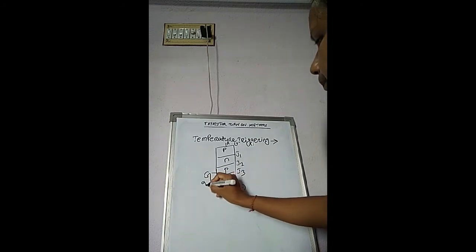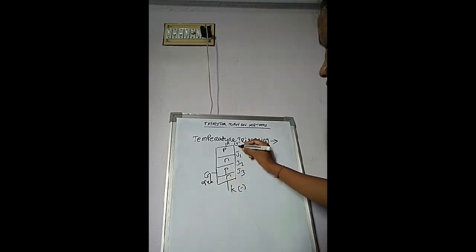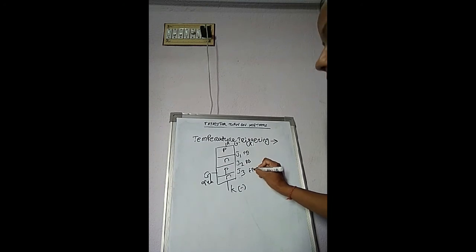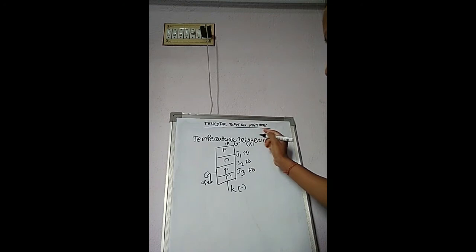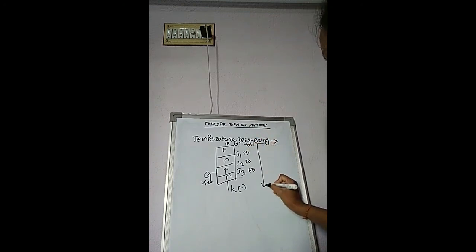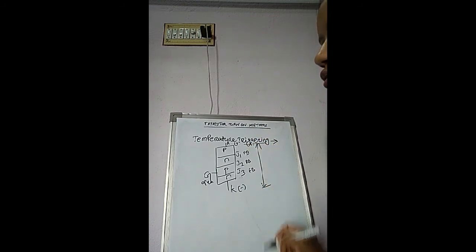During forward blocking mode, that means anode positive, cathode negative, gate open, J1 is forward biased, J2 reverse biased, and J3 forward biased. So during forward blocking mode, most of the applied voltage appears across the reverse biased junction J2.